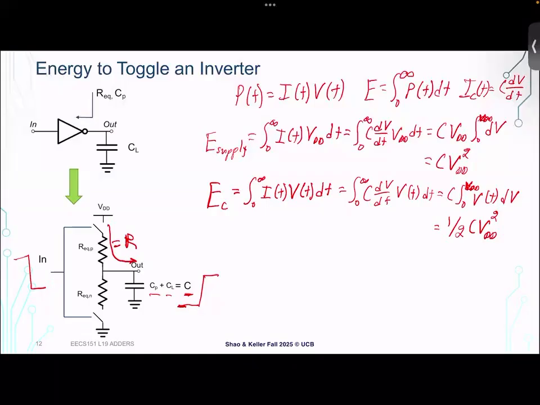We worked out the analysis and we found two different numbers. One number is saying what's the energy consumed from the supply, VDD, when the inverter switches. The second analysis is saying what's the energy stored on the capacitor after the inverter has finished switching. And they don't match.